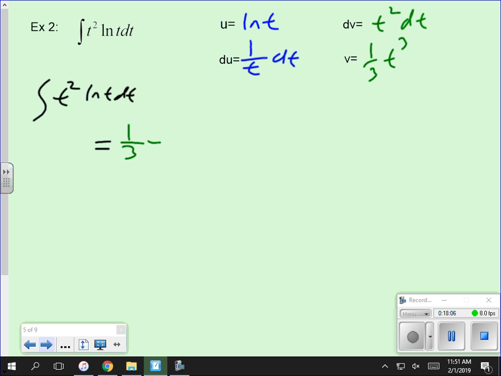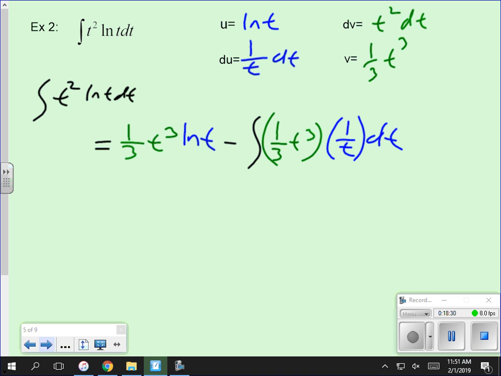So I have 1/3 t cubed natural log of t minus the integral of v du: 1/3 t cubed times 1/t dt.